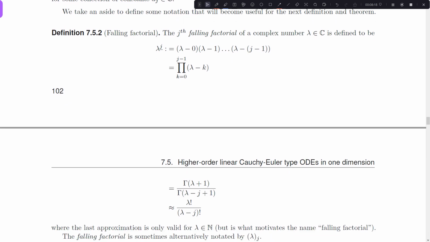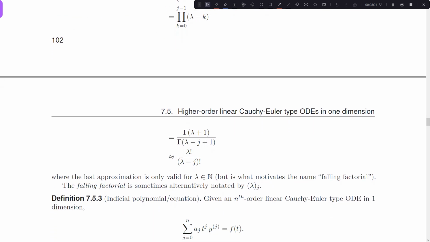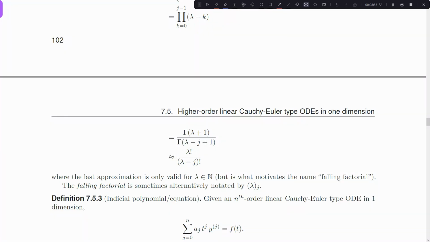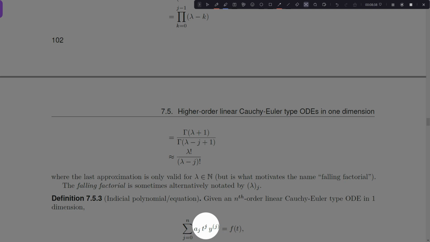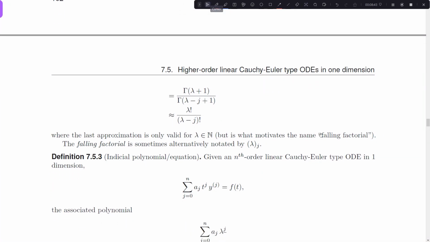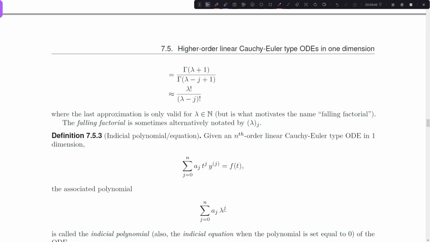And the only reason why I'm introducing this is because we have this thing called the indicial polynomial. This is going to be the Cauchy-Euler equivalent to our characteristic polynomial. So given a Cauchy-Euler type ODE, there it is. Remember, it's one that can be written as the following. I'm going to construct my indicial polynomial using a sub j, the coefficients from my ODE.